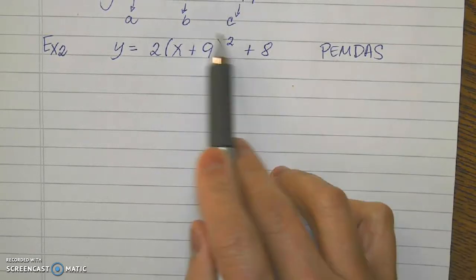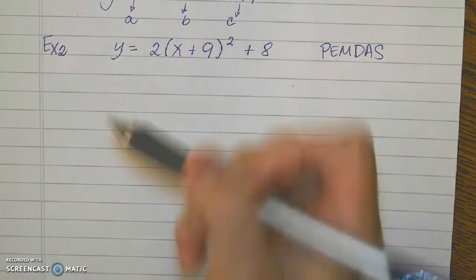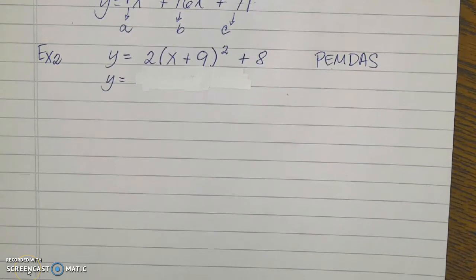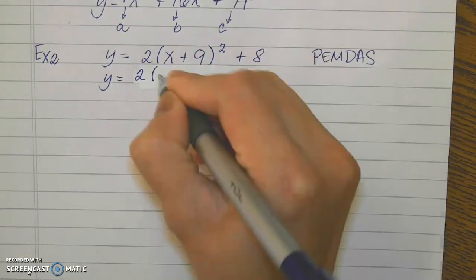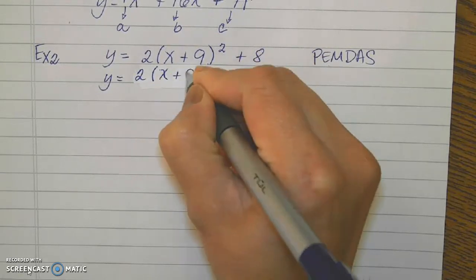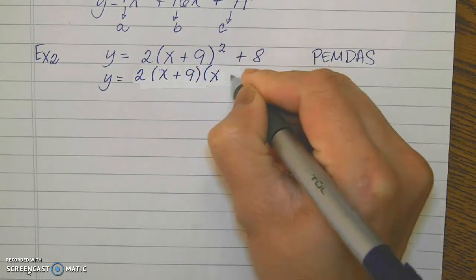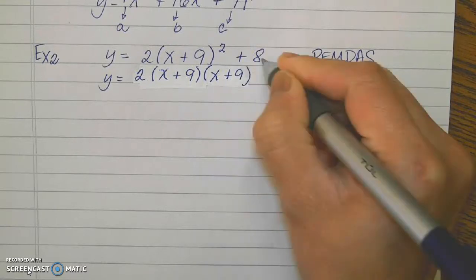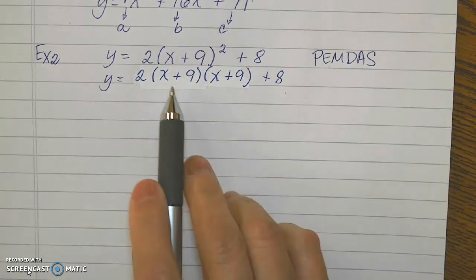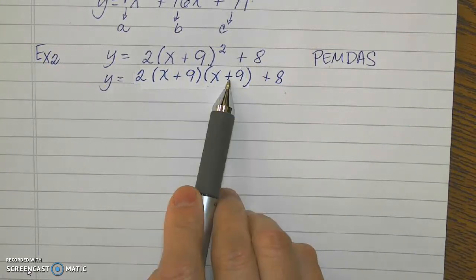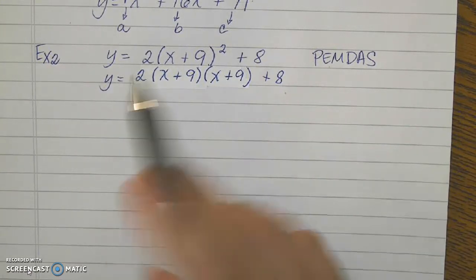And so that means this. So now we're just going to copy down all the rest. So y, copy down the 2, copy this down, but expanding it like such.